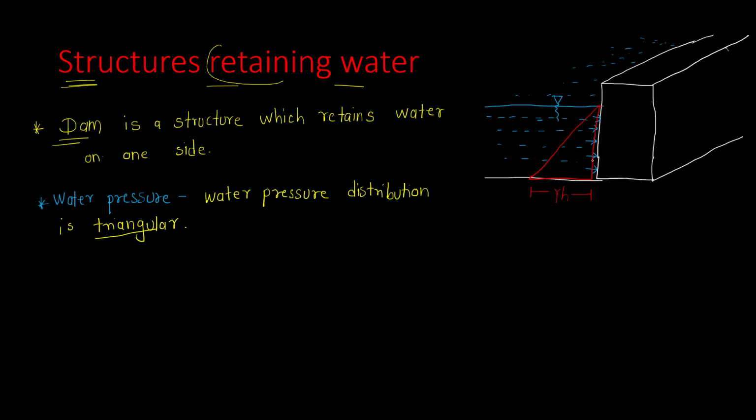Now from here we have to pay attention to each and every unit that we are using. Whatever is the total height of the dam, we will represent it with capital H, the overall height. Here you can see the water is not present up to the top level of the dam, it is present up to a certain height. That height is called small h.